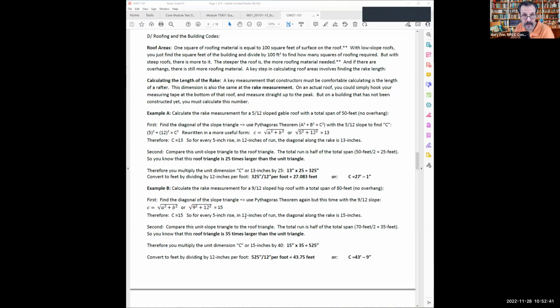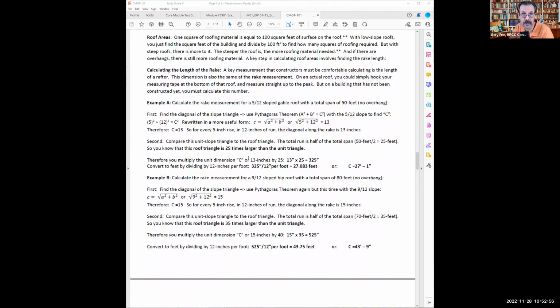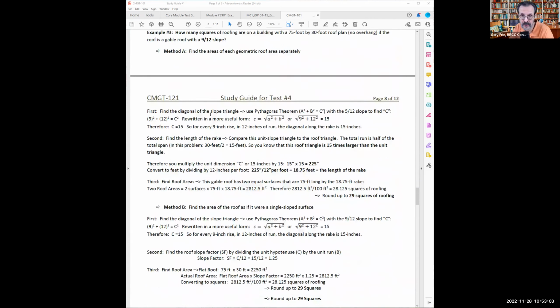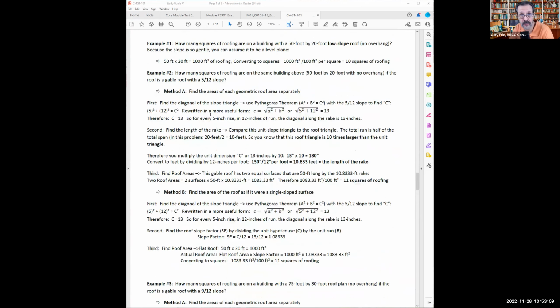You'll find it right above exam number 4 in week 15. When you come down to page 6, a little bit further down, I start talking about these roofing areas on pages 6 and 7, and I go through some of these problems on page 8. So you can use that for help too.